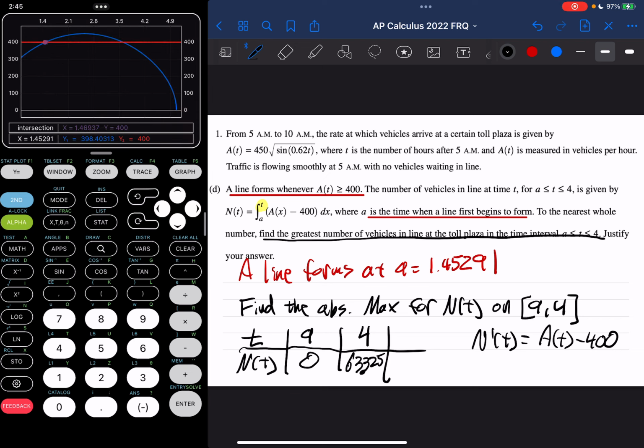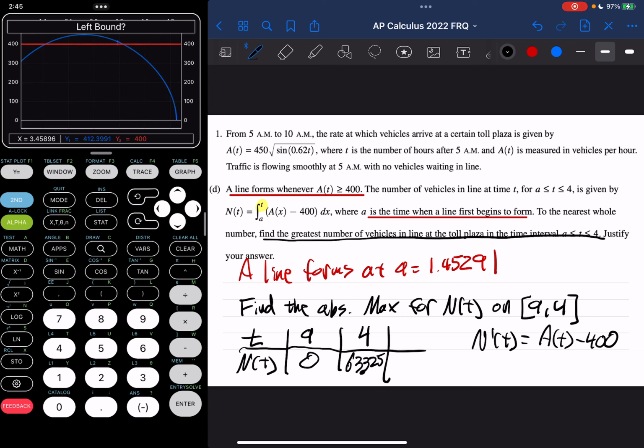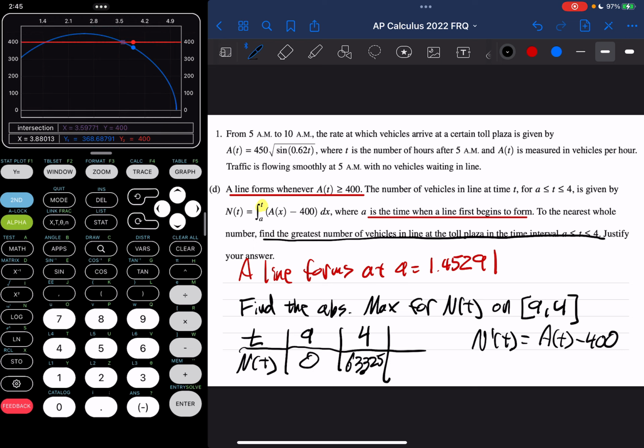Well, that difference is 0 here at A, which we found, but also over here. So I'm going to find that intersection. And we get, let's call it B, 3.88013. So we'll call that B.